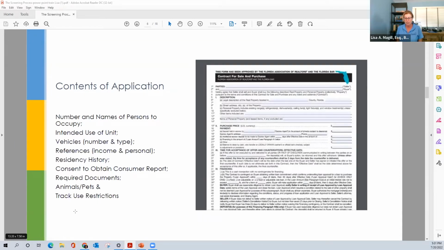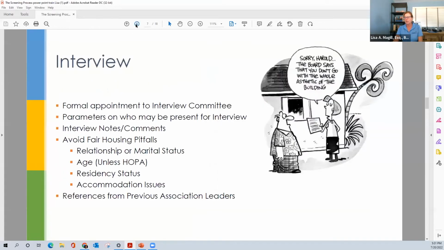So if they have 3 vehicles, and only one of them can fit in the garage, and you have those constraints, you're going to want to ask where do you plan to keep these vehicles. The more specific you can get with respect to the contents of the application, the better able you are to ask questions at the interview.